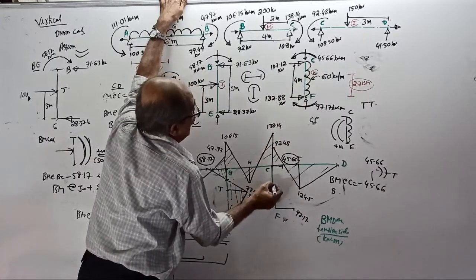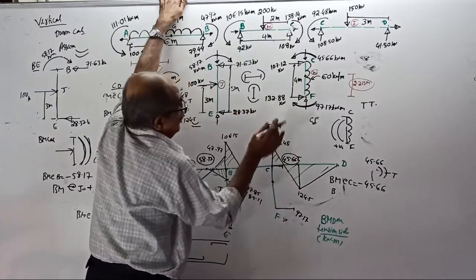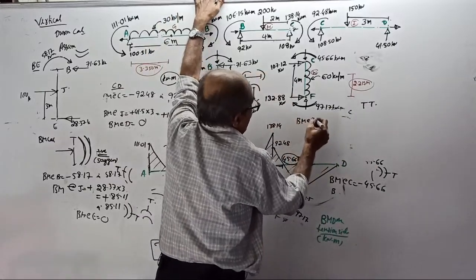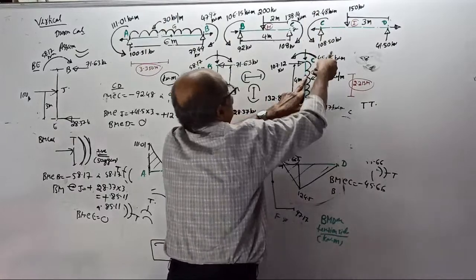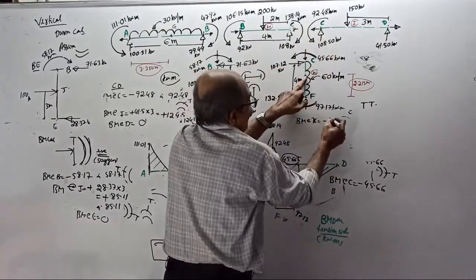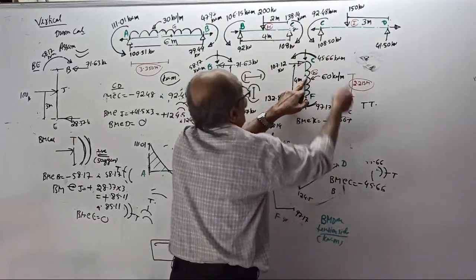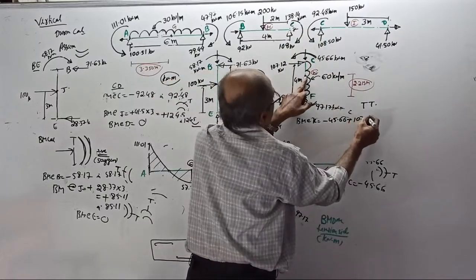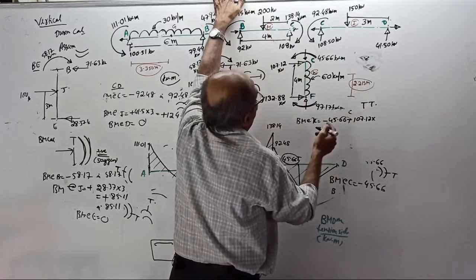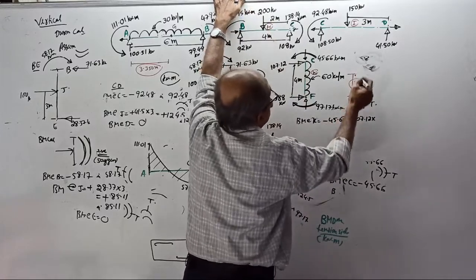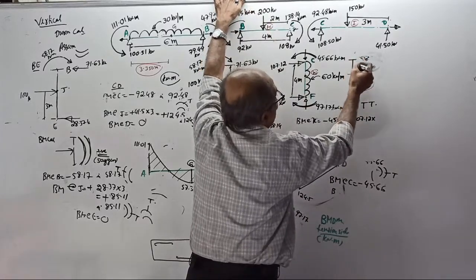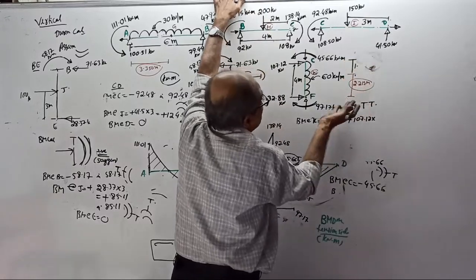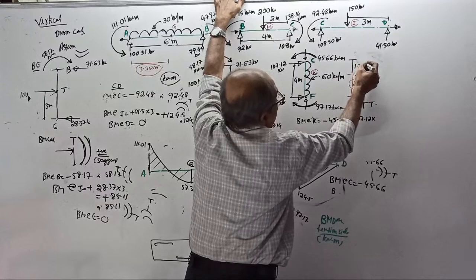Oh, now you should be careful. At K required. For that one, calculate bending moment at K equal to, look that side, minus 45.66, hogging, plus 107.12 into, if this is 2.215 meter, calculate the distance from there, 1.785 meter.